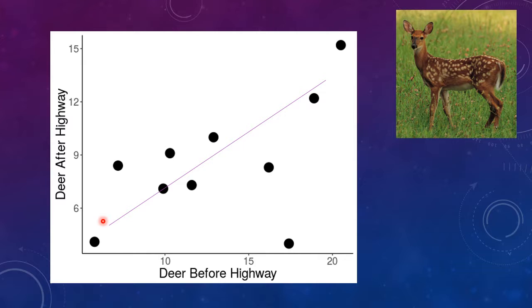In other words, the before and after deer counts are correlated. This is often, if not almost always, the case for multiple measurements from the same group of subjects. We can use this correlation to our advantage to increase our confidence in our estimate of the change of the deer population.